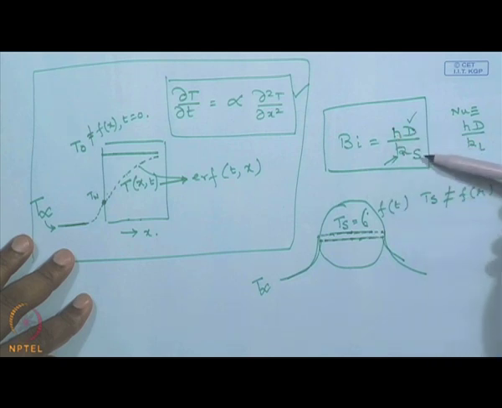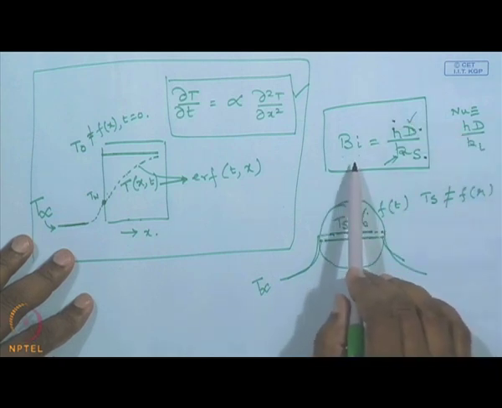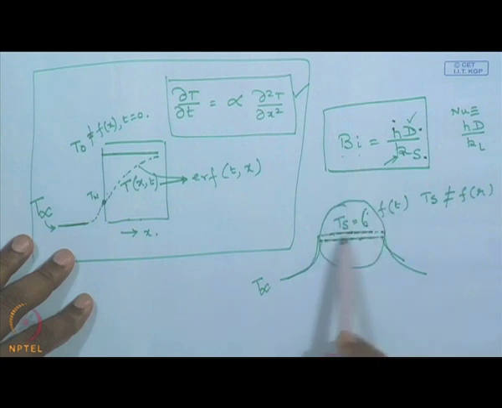And physically it tells us that if the thermal conductivity of the solid is large, if the size of the system is small, or if you are dealing with a small value of heat transfer coefficient, then the small value of Biot number indicates that I can assume space-wise isothermality in any solid.